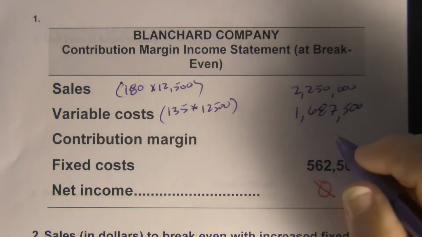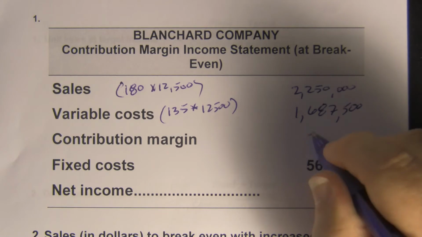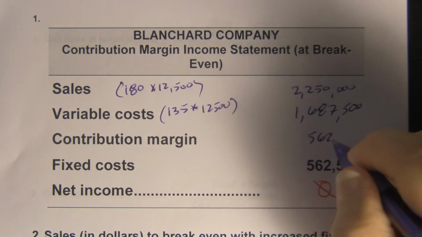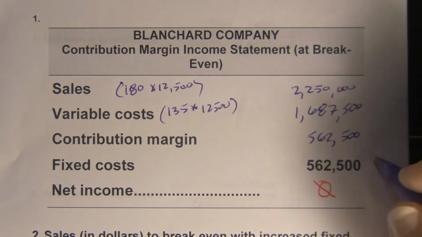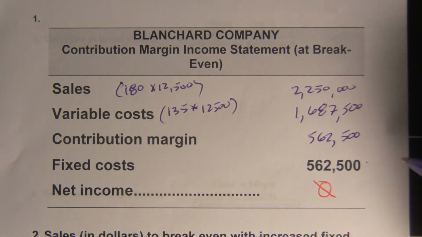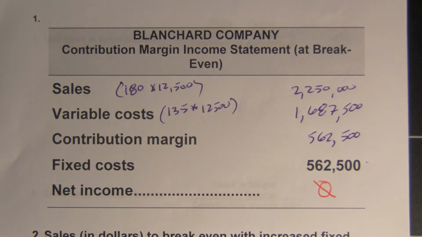That gives us a contribution margin of $562,500, which covers our fixed costs, so our net income is zero.